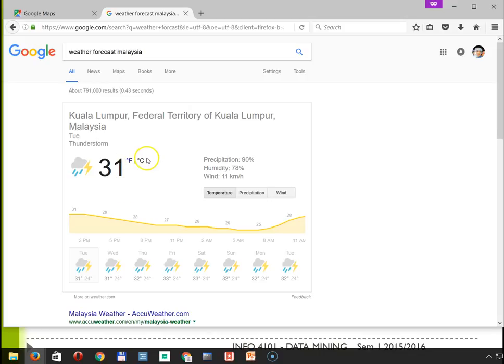So this is the level of the interaction. Your user can probably relate better in Fahrenheit, or in my case, I relate better in Celsius. And in terms of the options here, I can look at the precipitation and then the wind. Okay, so these kinds of things.